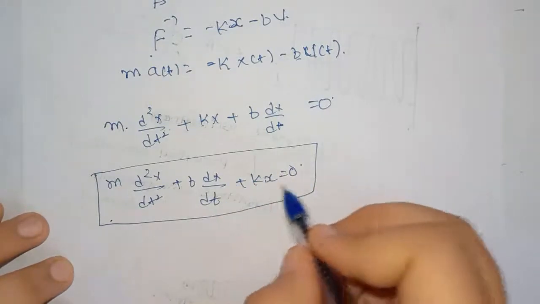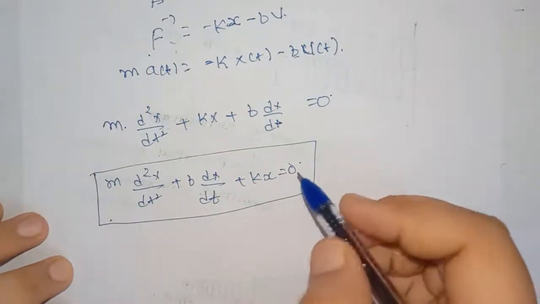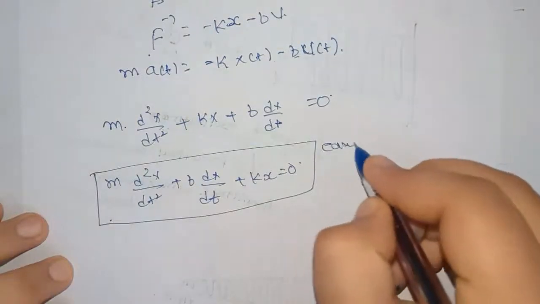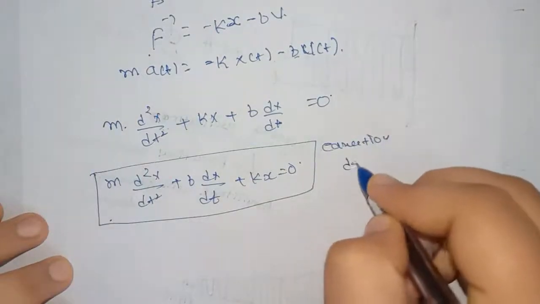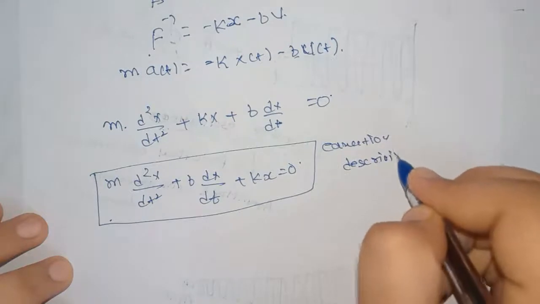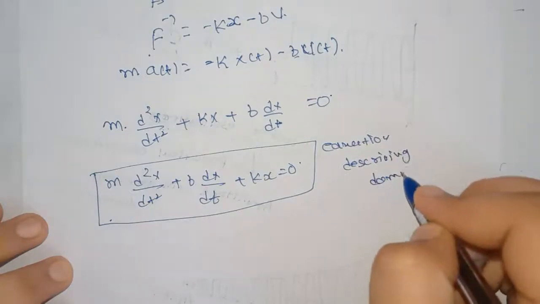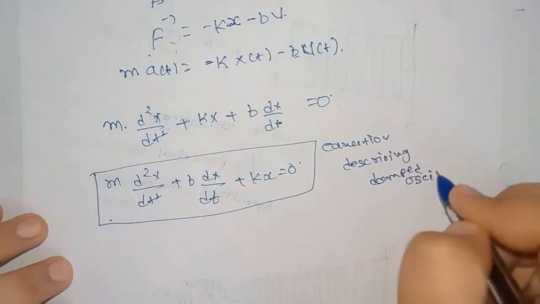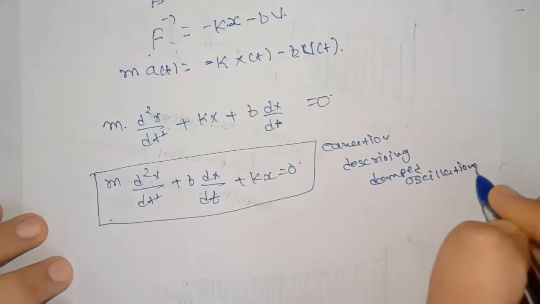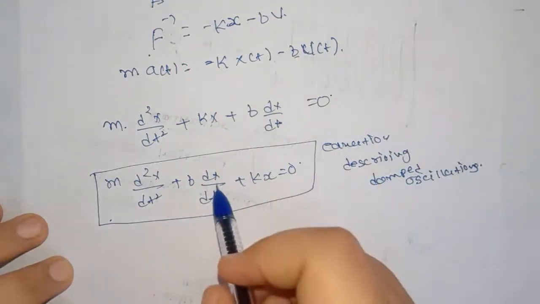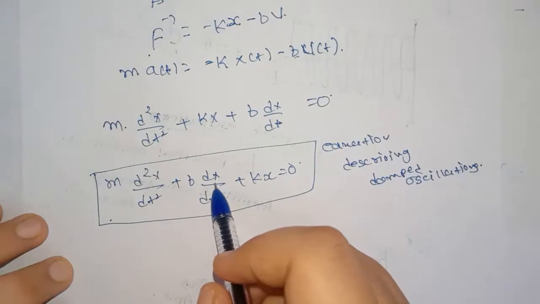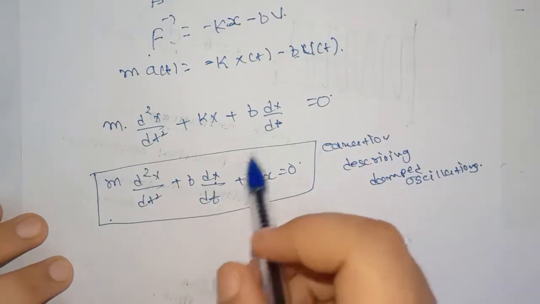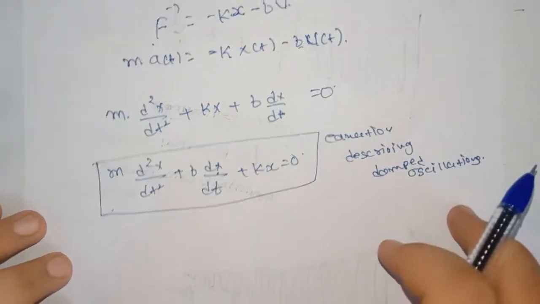This is the equation describing damped oscillations. The solution of this equation describes the motion of the block under the influence of the damping force.